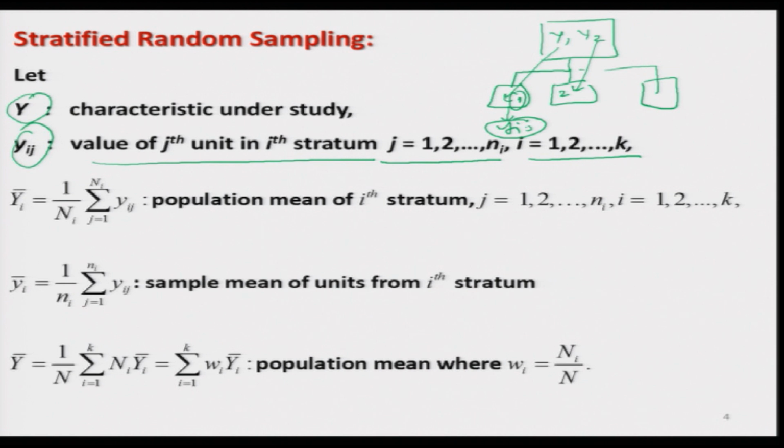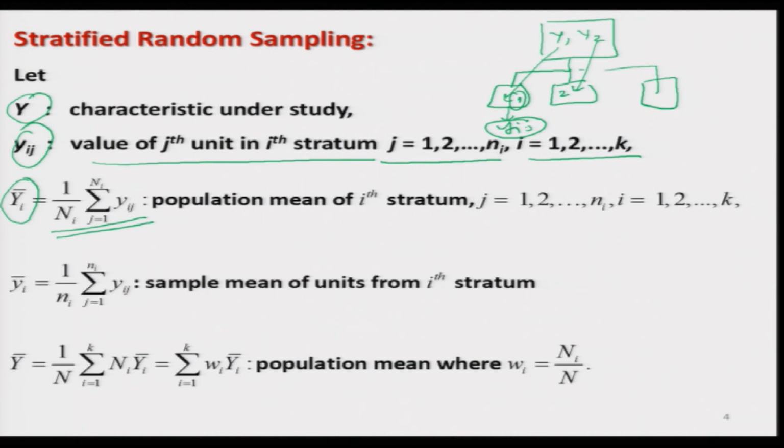And now, we try to find the mean of all the units in the ith stratum. The population mean of the ith stratum will be denoted by y bar I, which is the sum of all the units present in the ith stratum, that is, 1 upon capital Ni, summation j goes from 1 to capital Ni, yij.